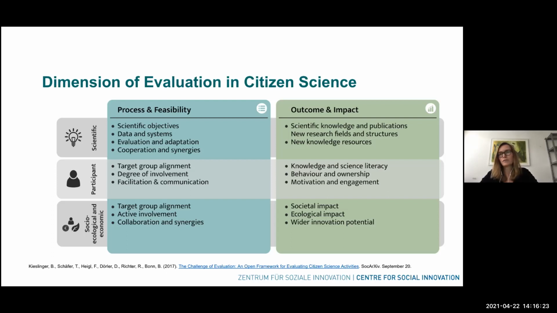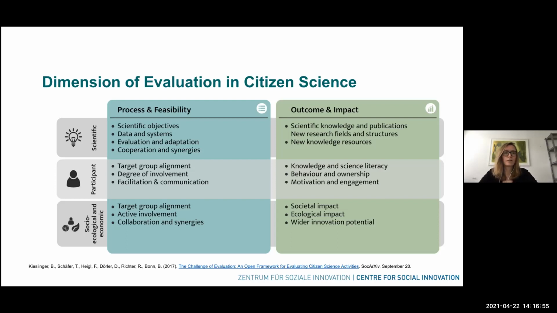We try to see whether the learning aspects are covered. As we saw before, there is already a framework for evaluating the learning outcomes of a certain project, or how far people are involved. Do they have different ways of engagement during the research process? And also, how are they motivated, or do they want to continue with citizen science?